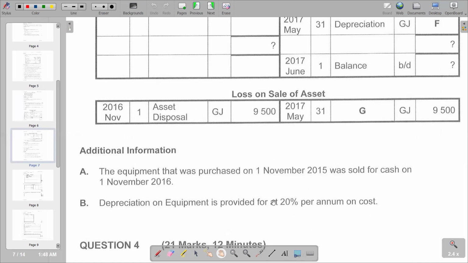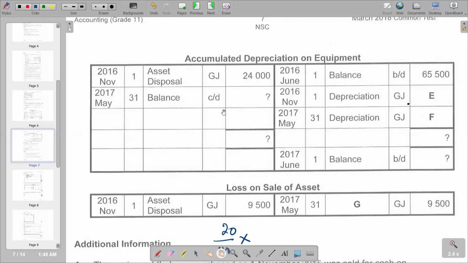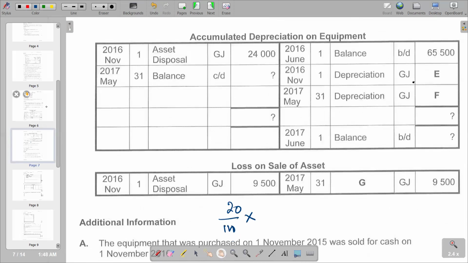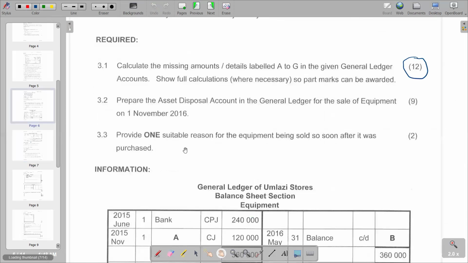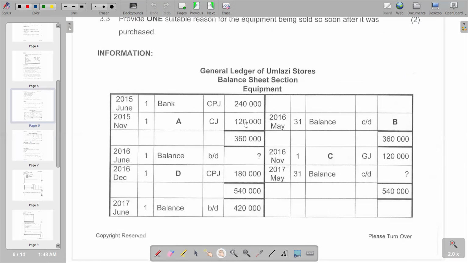And depreciation on equipment is provided at 20% per annum. So if we say 20%, which is 20 over 100, then multiply by the cost that we have on 1 November, we go to the assets account. See that on 1 November, it was purchased. We got 120,000.